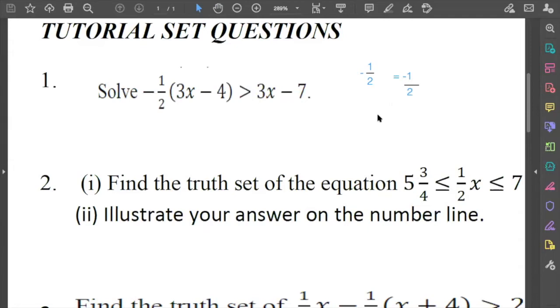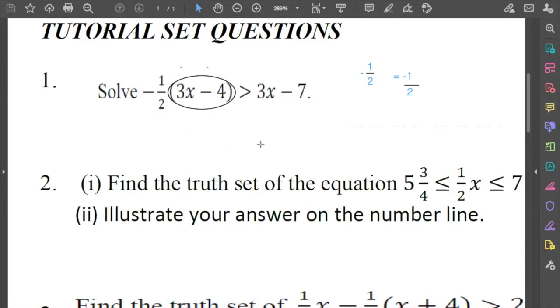Yes, sir. Good. And now with this same thing, we can also say that the 3x minus 4, this bracket, this 3x minus 4 is automatically multiplying the numerator because it is multiplying the fraction negative 1 over 2.